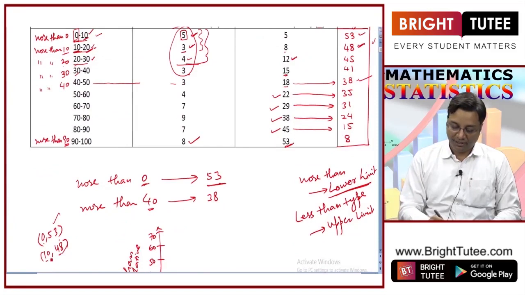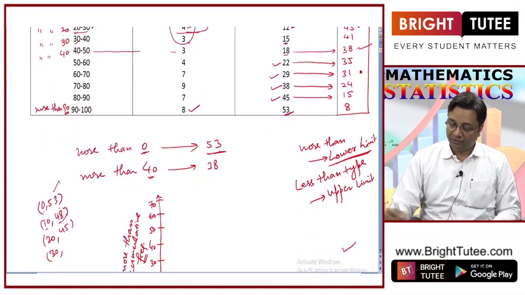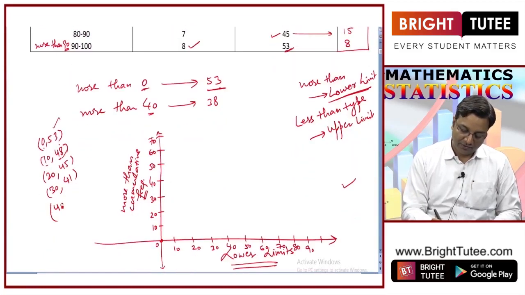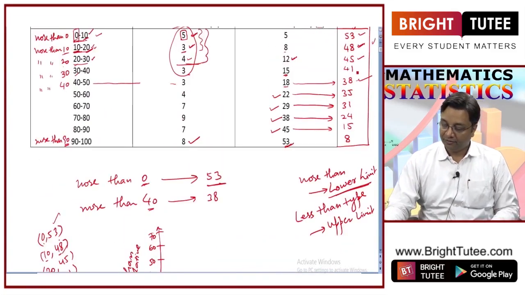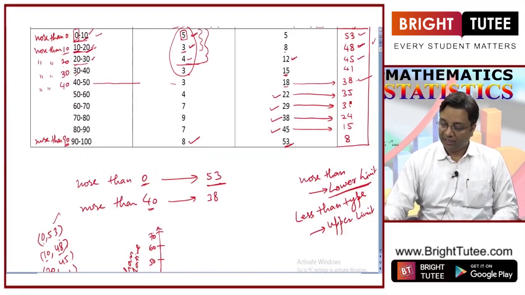Right. More than 20 was 45. This will give me another coordinate. More than 30, 41, another coordinate. Similarly, 40, we will have 38 here. Okay. So, these are our coordinates.